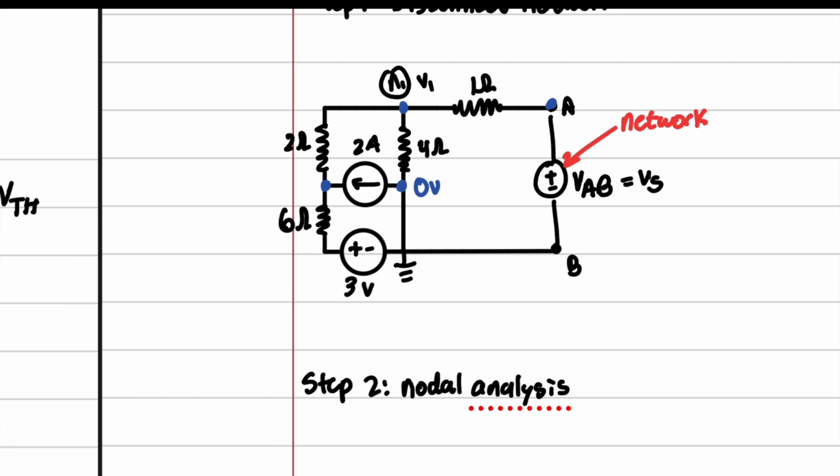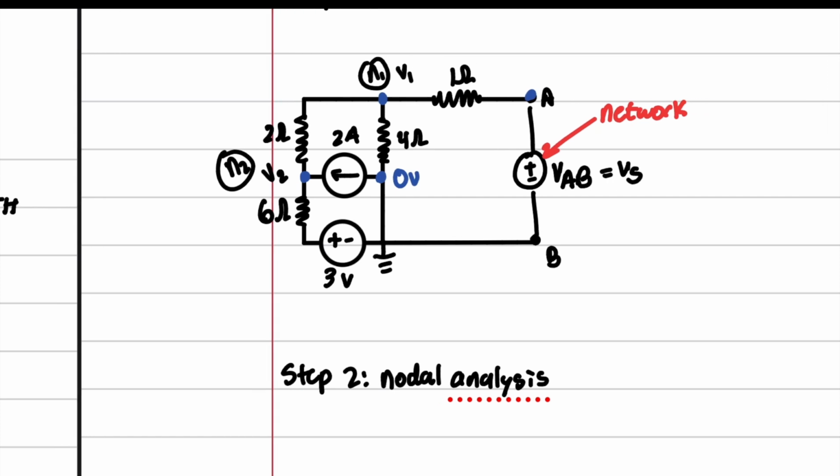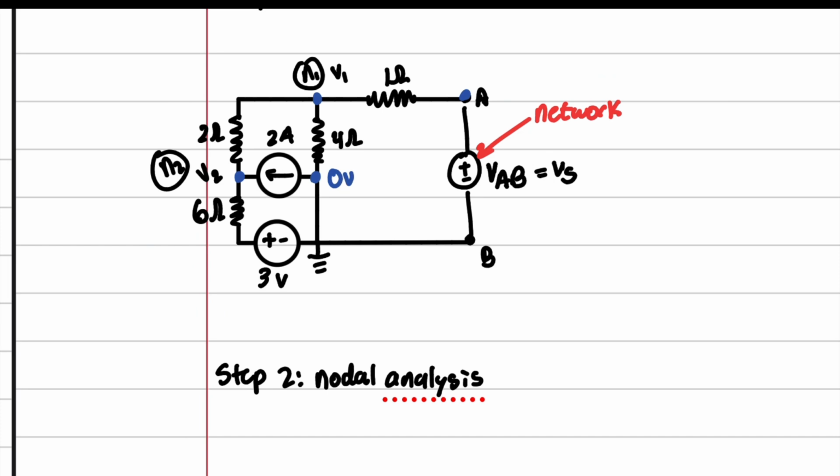We also don't know this node right here, we'll call it V2, and we don't know this one right here, N3. In fact, this is the one that we're looking for. It's N3.